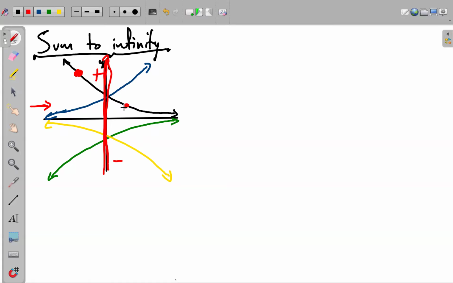You see what I'm talking about? Okay, so that is the first thing. Oh, by the way, the green is actually increasing as well, but I will show you something special about it. While it is increasing, it is bounded, it reaches a limit. The black is definitely decreasing, no doubt about that.